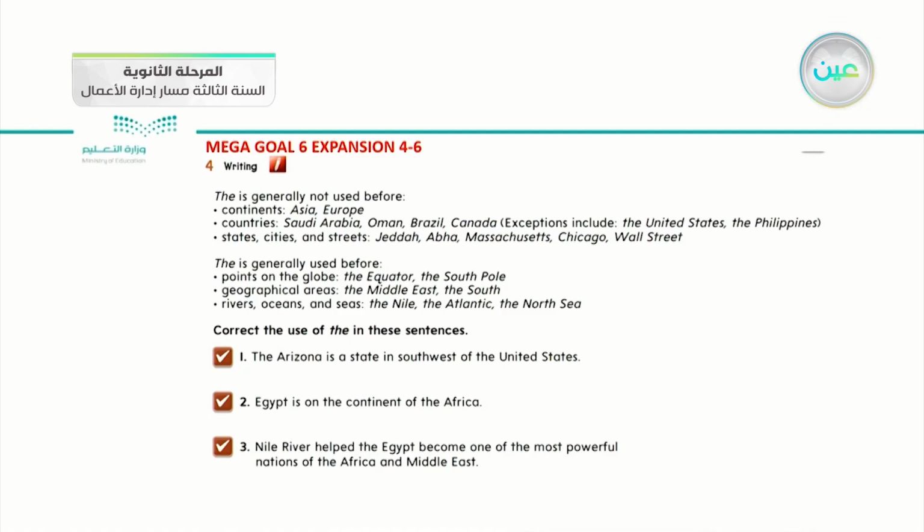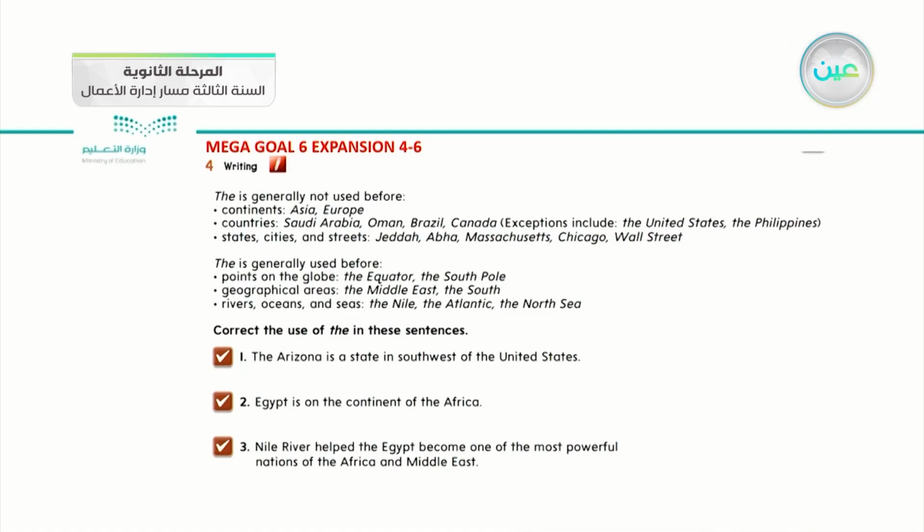That is "generally not used before". Now we finished that one, how we omit "the" in our essay writing. Let's go to the second point, "generally used before": in which cases can I use the article "the"? There are points on the globe, for example when we talk about the equator, the South Pole, and directions; for these global points we can use the article "the" with it.